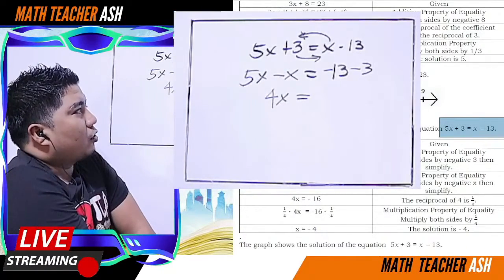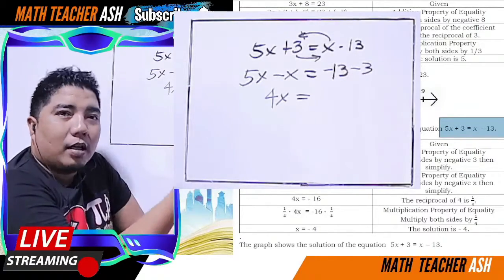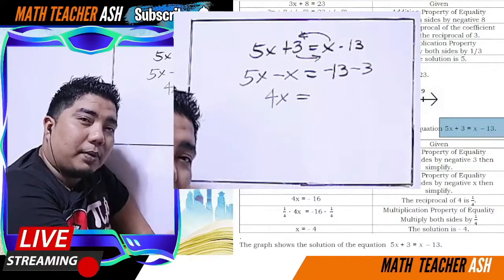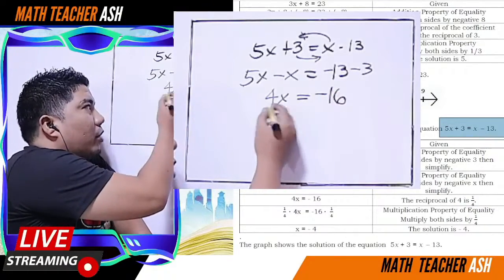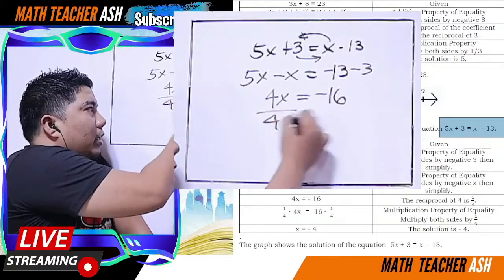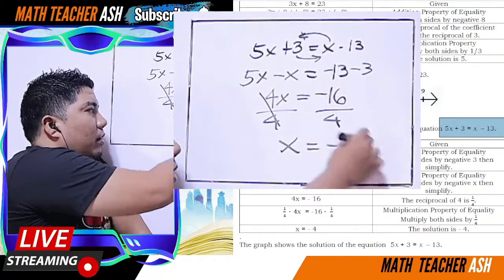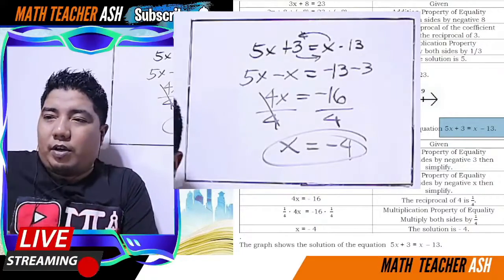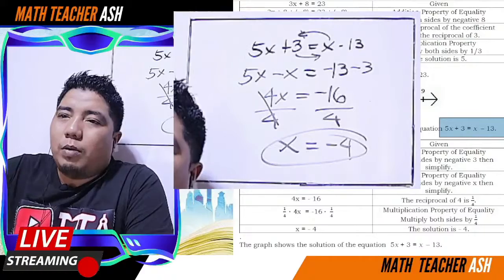So negative 13 minus 3, if you apply the rules in subtracting integers, this will become negative 16. Of course, because there is still a 4 here, you divide both sides by 4, and this will give you negative 4. Now, the question is, do we have the same answer as our module?